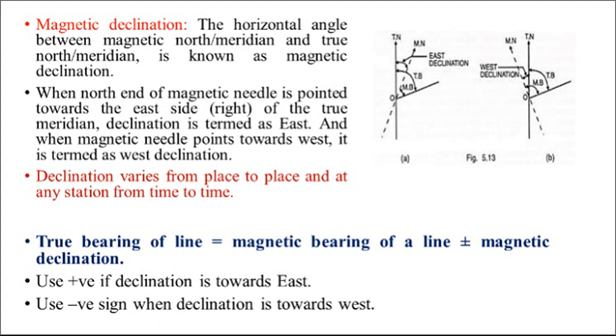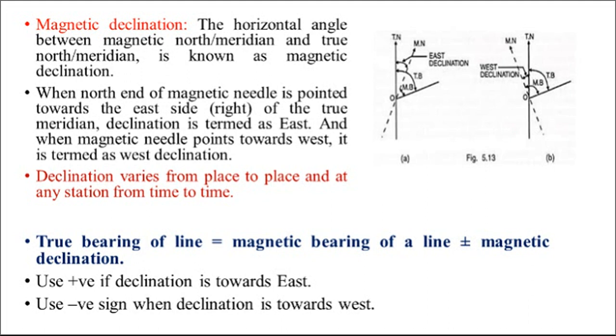When the north end of the magnetic needle points towards the east side, that is the right side of the true meridian, then the declination is termed east declination, or declination is towards eastward, and when the magnetic needle points towards west, it is termed west declination.